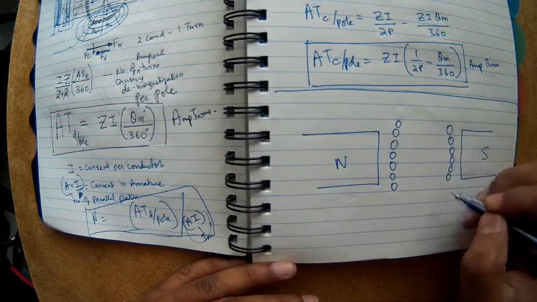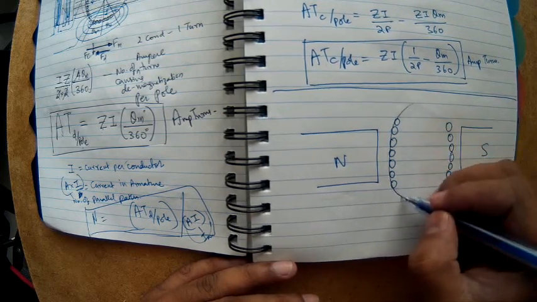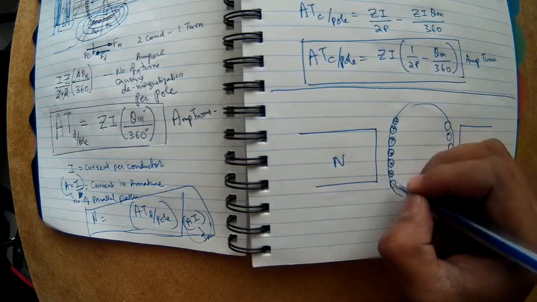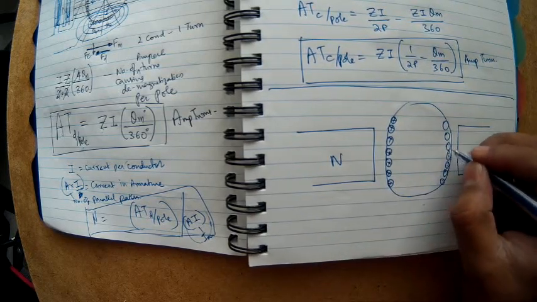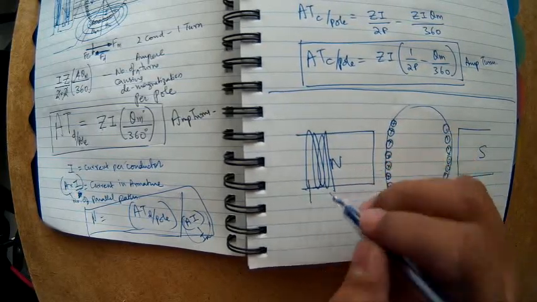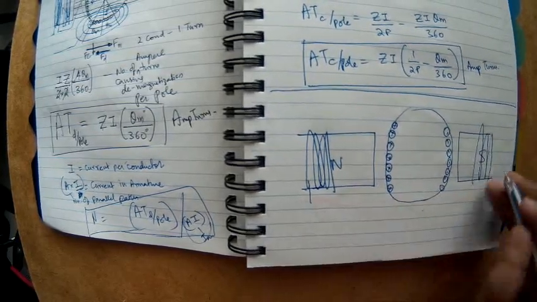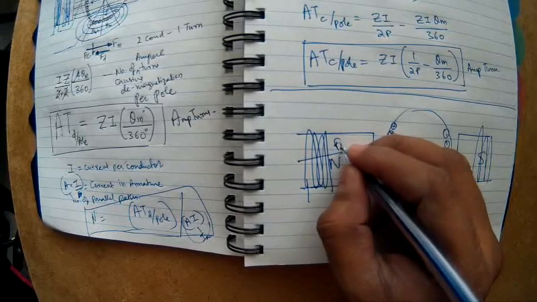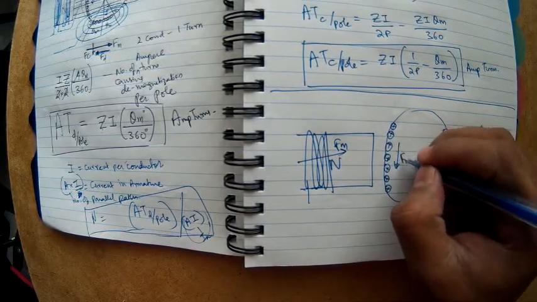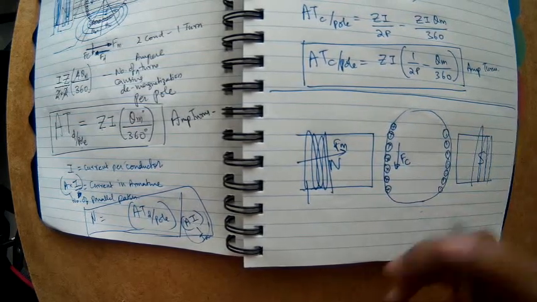I am only drawing those conductors which are causing cross magnetization. So cross, cross, cross here. Now this is the main winding which is generating the main field Fm. Now these conductors are creating Fc, the cross magnetizing field.